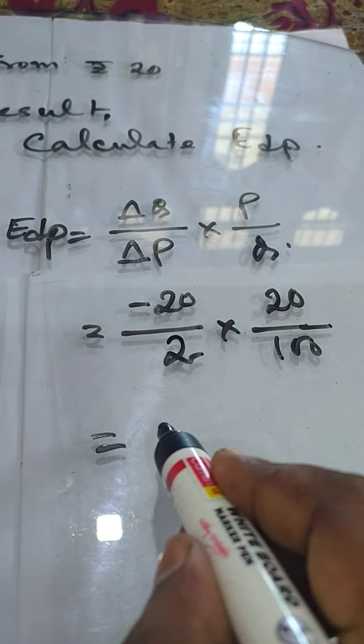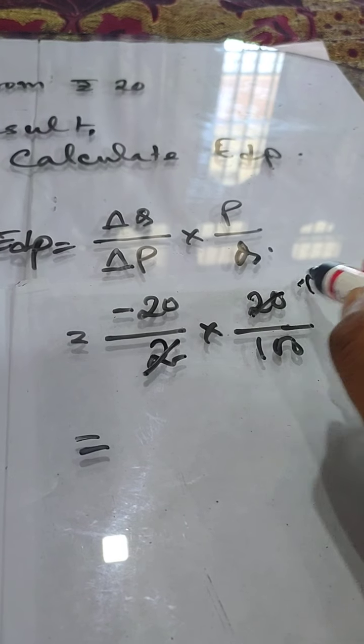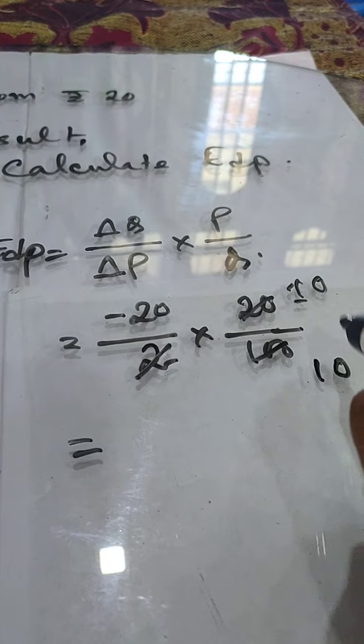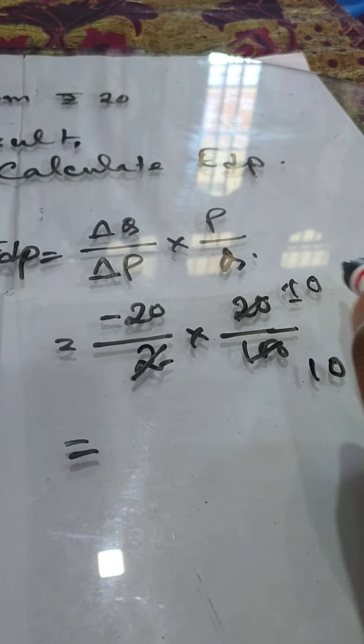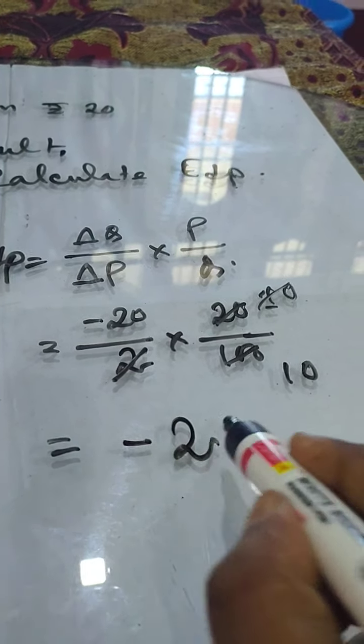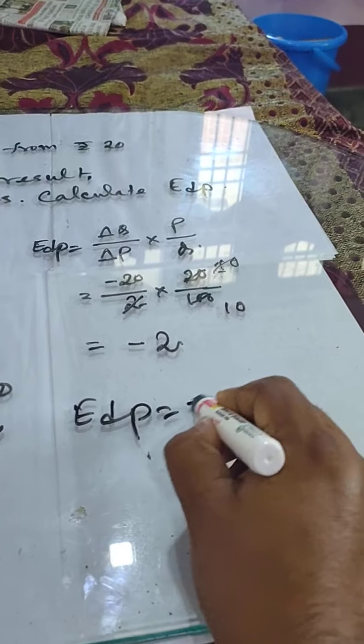Now make the calculation. 10s are 20, so here it will be 10. So ultimately the value will be minus 2. So the value of the price elasticity of demand is equal to minus 2.